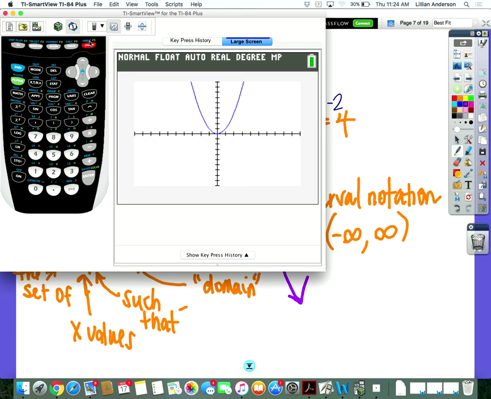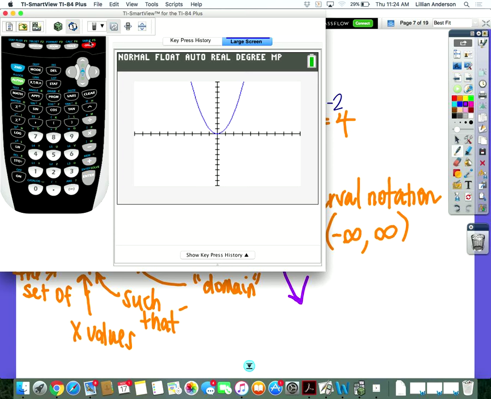Okay. So my range relates to my outputs, my y values. My y values look like they're defined in a general region, but not for all real numbers. And when you read your range, you read from bottom to top, just like you read your domain from left to right. What is the lowest y value on this graph? 0.